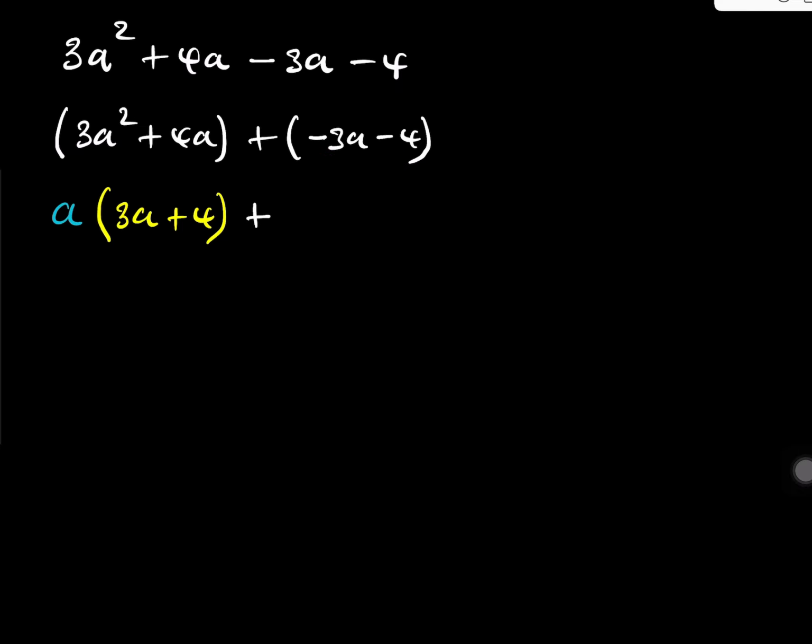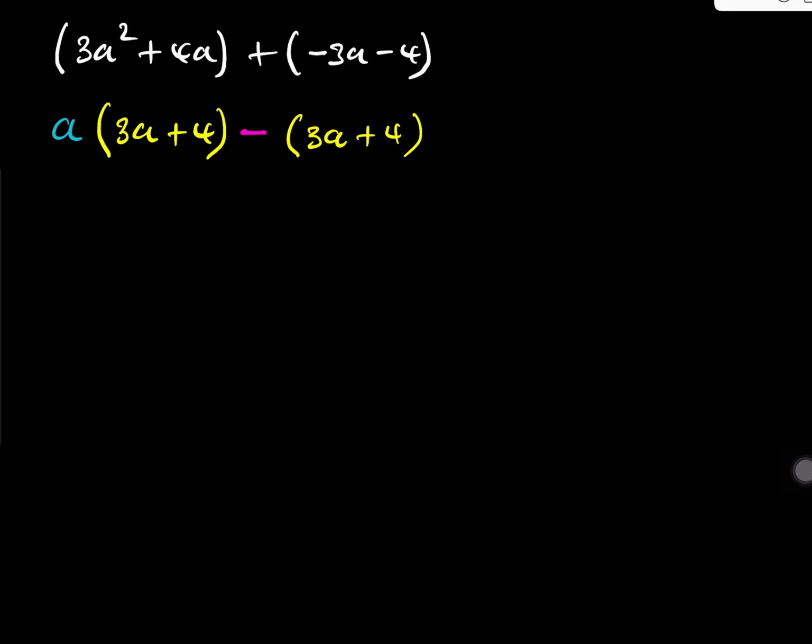So I'm going to take the negative right there, take it out, and then you are left with 3a. The negative is gone. That is 3a. And then here you are left with a positive 4. Why? If you multiply this, the first two, it's going to boil down to negative 3a. And if you multiply this with that, it's going to boil down to negative 4. Okay, so this is correct.